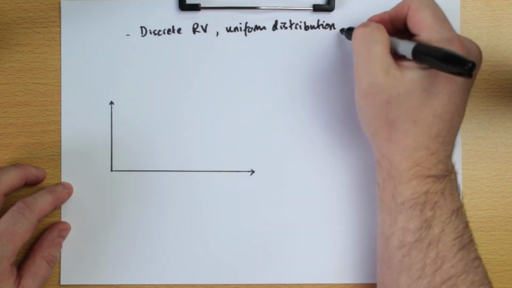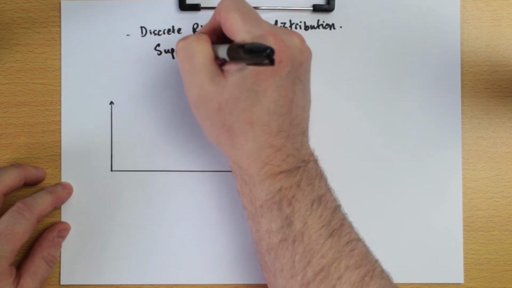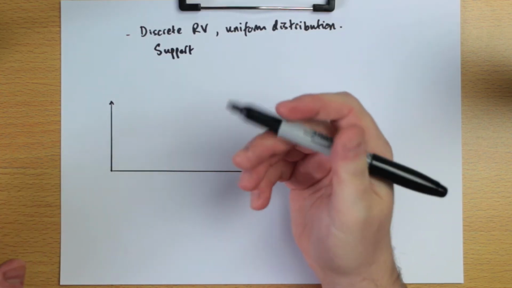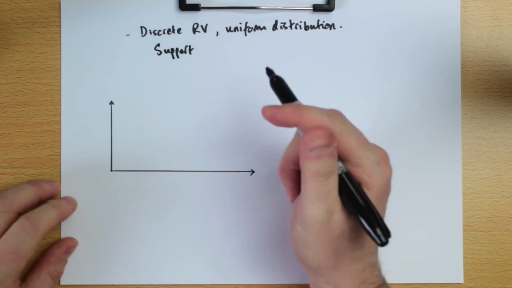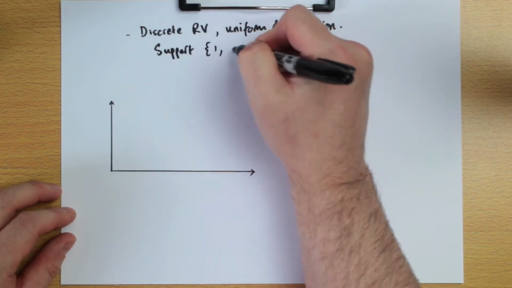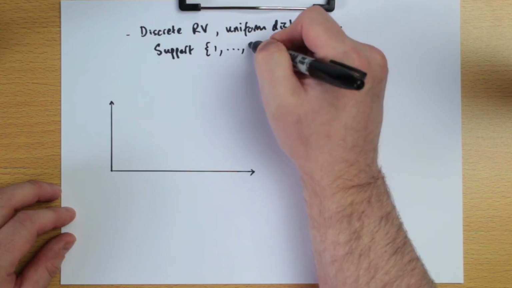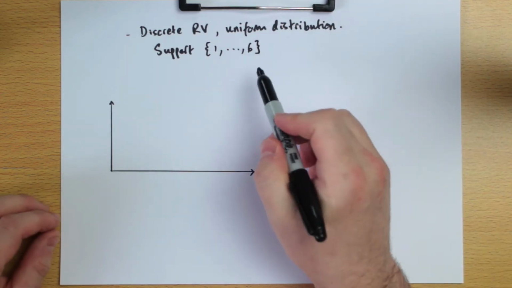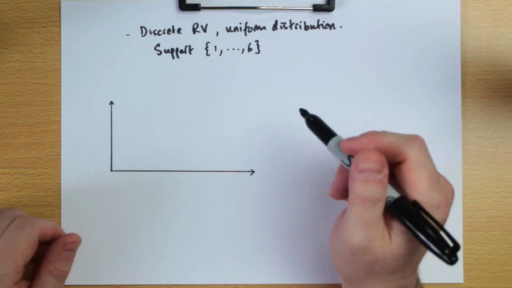Okay, so the support of a random variable, when we say the support, we mean the set of values that this random variable can take with positive probability. So when we were talking about the dice, the support, or the set of states we called it, were the numbers 1 to 6. They're all of the states that can occur with positive probability.